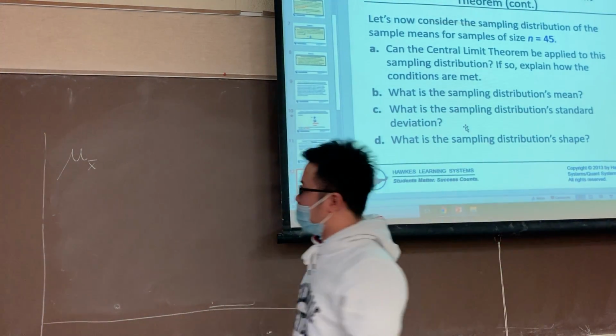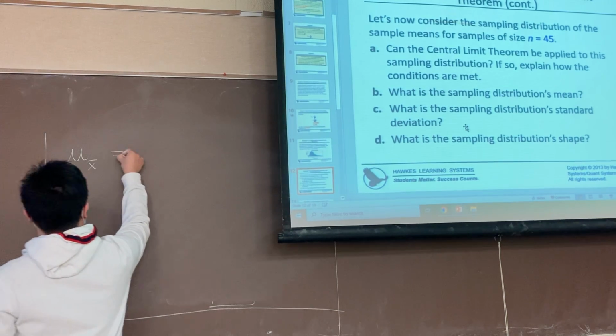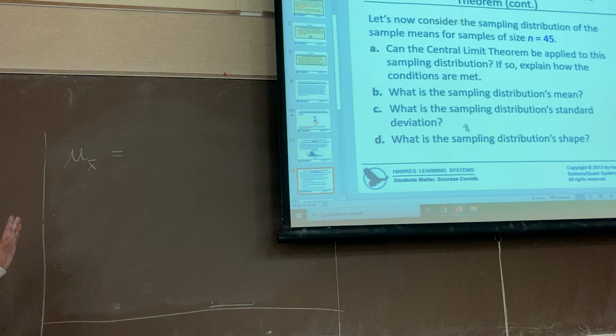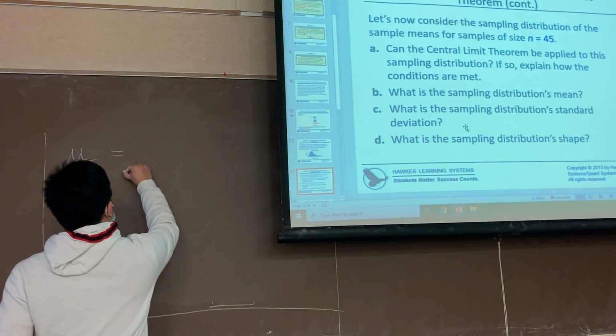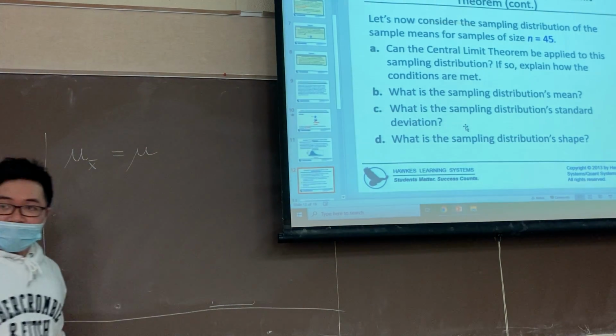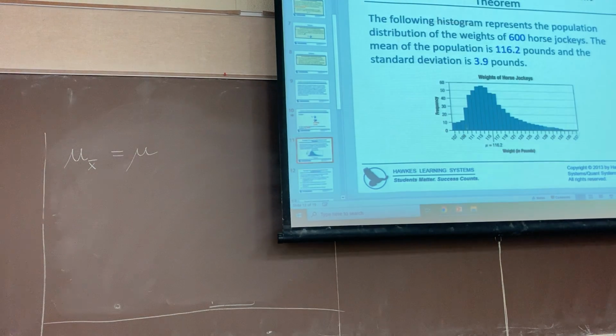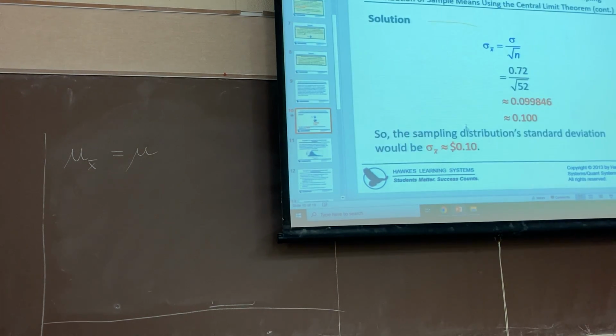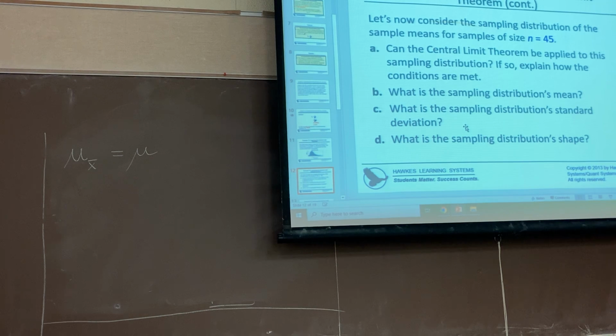And you know that the central limit theorem says that mu x bar should be equal to mu. So you can look at statement 1: the mean of the sampling distribution of the sample mean is equal to the mean of the population, right? And now you will have this formula.